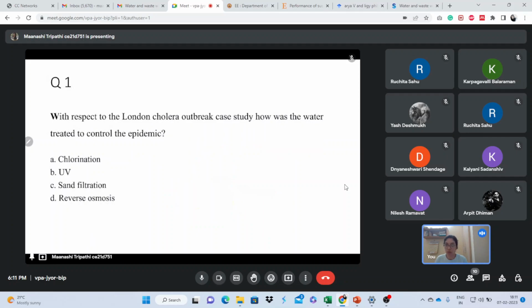So this is question number one. You can answer in the chat box or you can say it also. With respect to the London cholera outbreak, how was the water treated to control the epidemic? In the first lecture, sir has taught about many things, like the London cholera outbreak, and you might have already known about many disease outbreaks during COVID times.